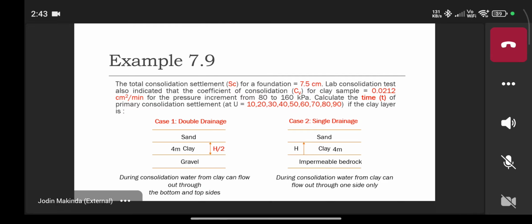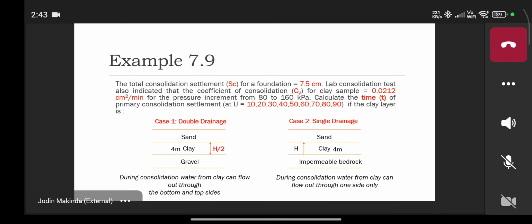During consolidation, water from clay can flow out through the bottom or the top side. Therefore, the distance for the water to travel is H divided by 2.